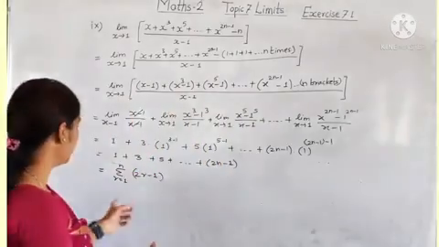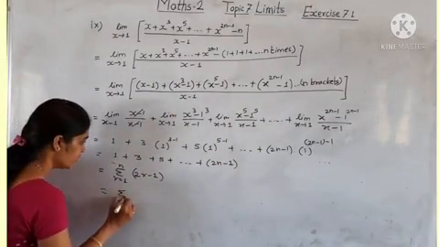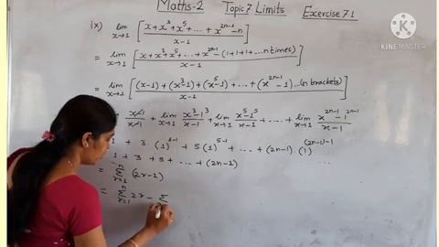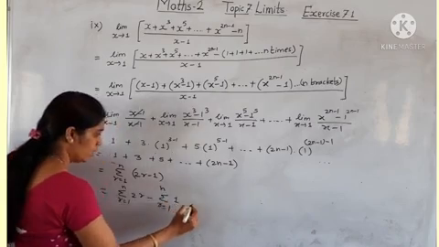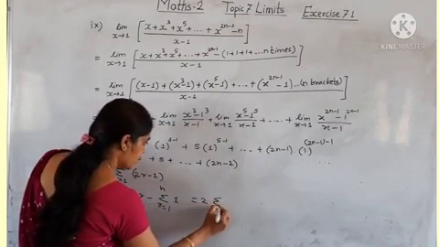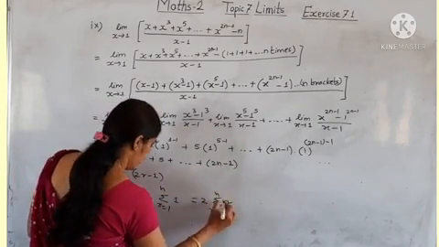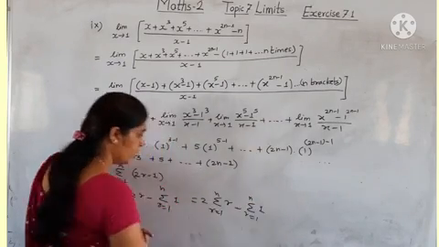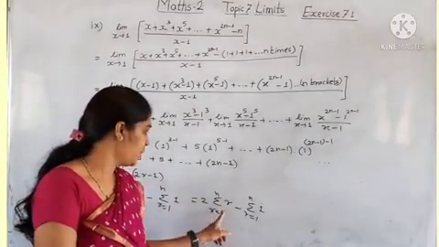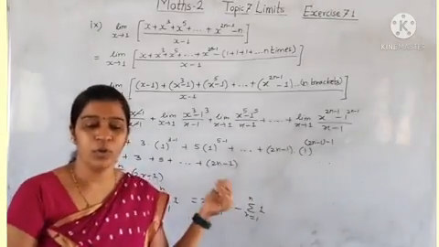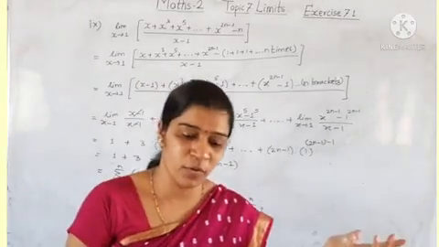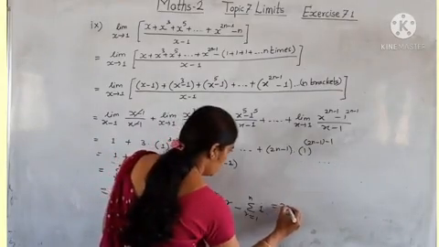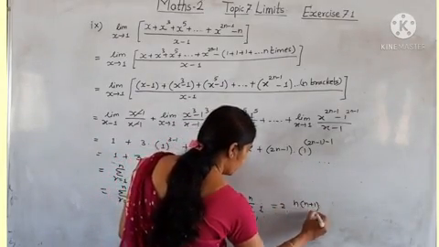So here separate this. You get summation 2r, r goes from 1 to n, minus summation 1, r goes from 1 to n. Take 2 outside: 2 summation r, r goes from 1 to n, minus summation 1, r goes from 1 to n.